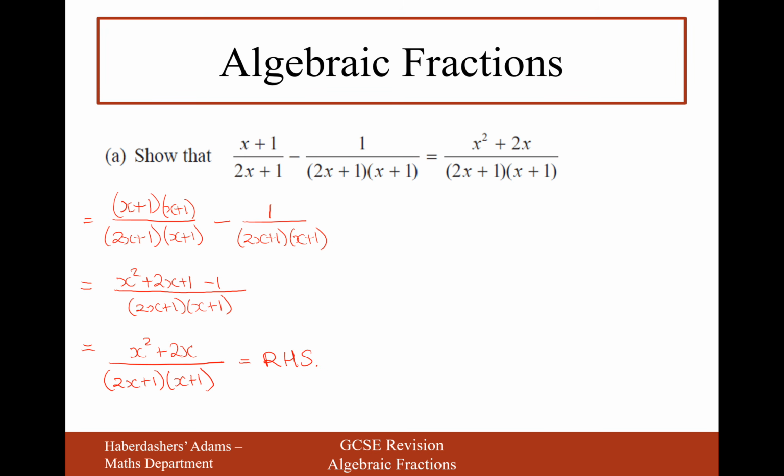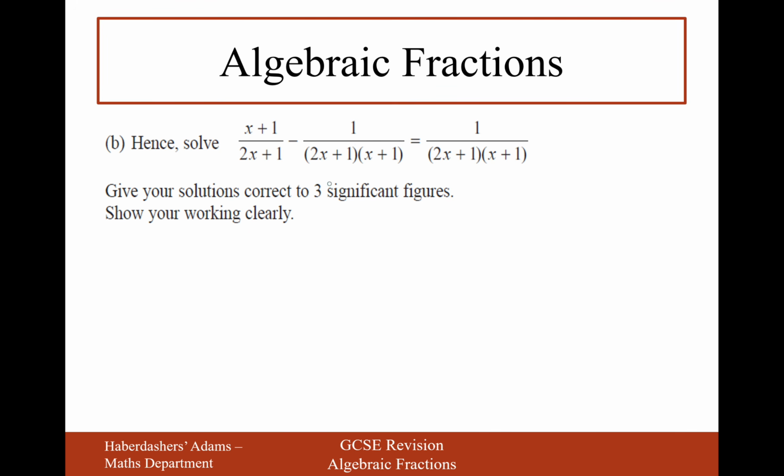Okay, so now that we know that these two fractions subtracted equal the right-hand fraction, we need to now show that this thing here, or solve this thing on the left-hand side, will equal the right-hand side. And what I can do is I can use from part A, x squared plus 2x over (2x plus 1)(x plus 1) equals the right-hand side, 1 over (2x plus 1)(x plus 1).